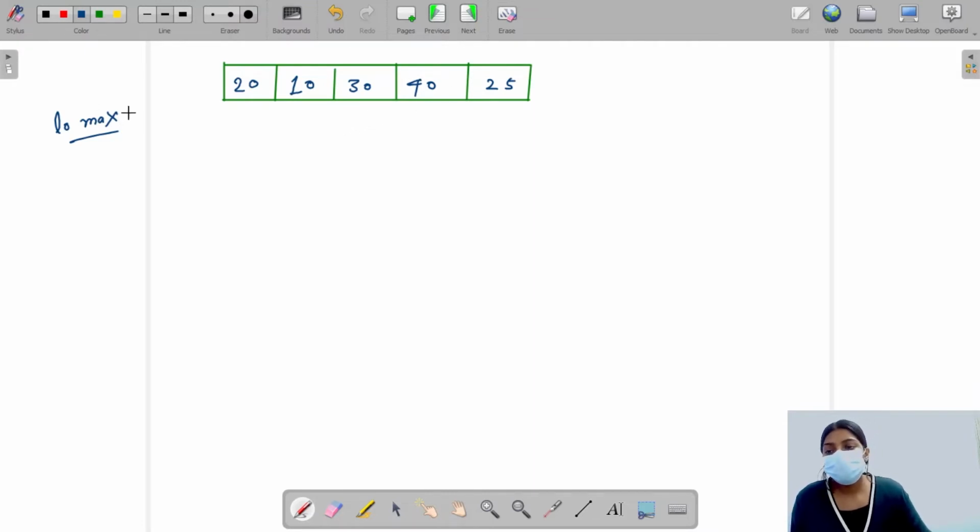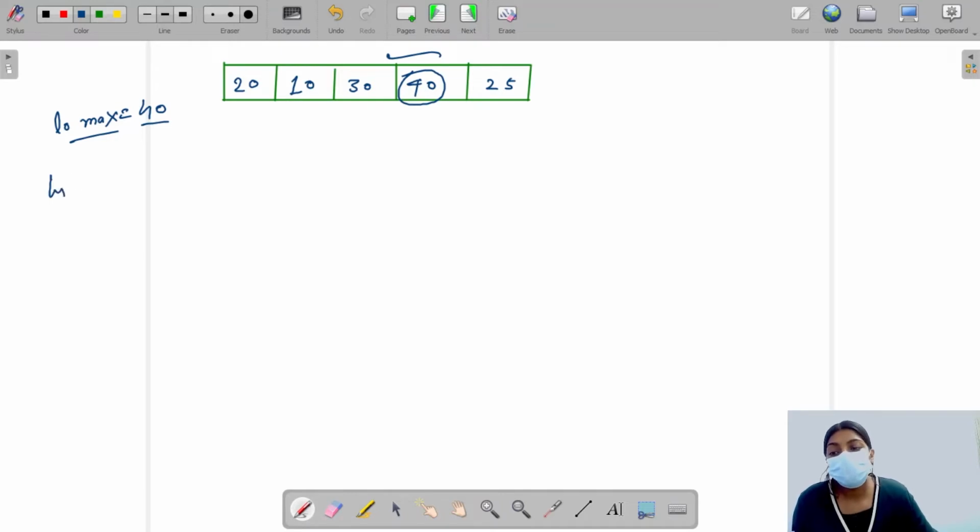Because the lowest maximum load any of my students can have is equal to the max of my array, because this book is read by some student, right? So the lowest possible maximum load on a student can be 40, because this book is definitely going to be read by someone.